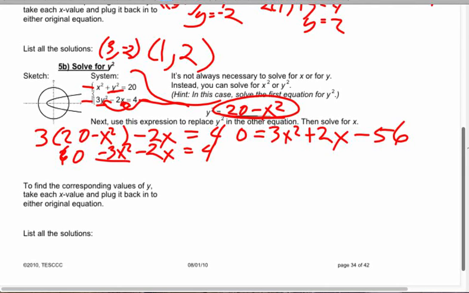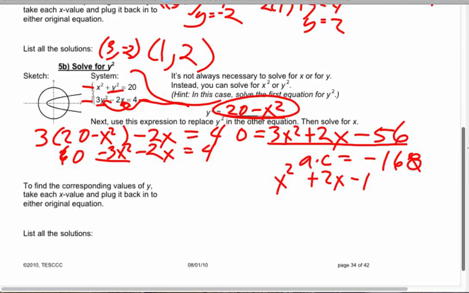Okay. So there's my quadratic. Now, if you remember, one way to do this is to do the a times c, which in this case is going to be negative 168. And then I want to try to factor x squared plus 2x minus 168. Okay, this doesn't look nice, but there is a way to do it.